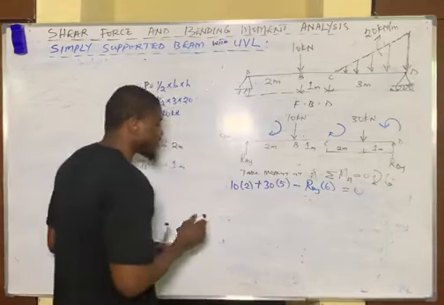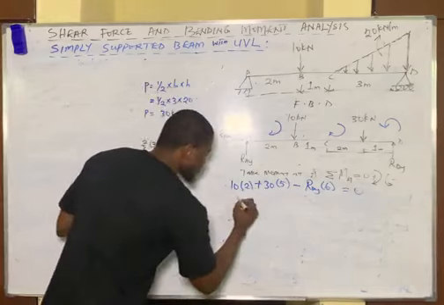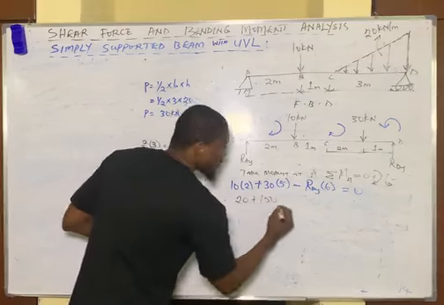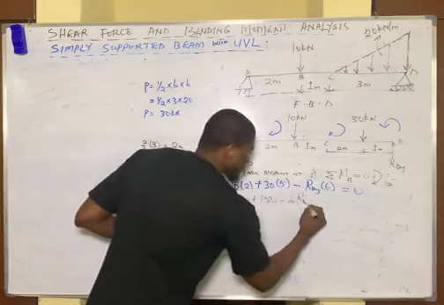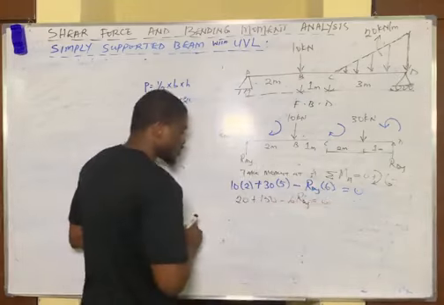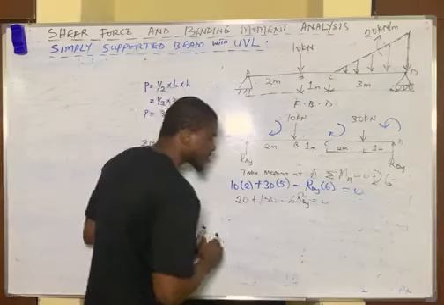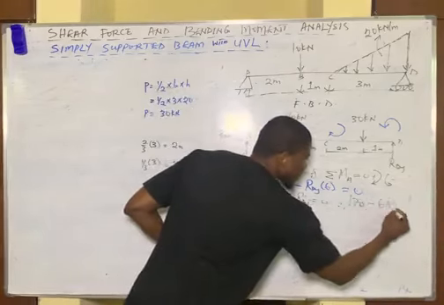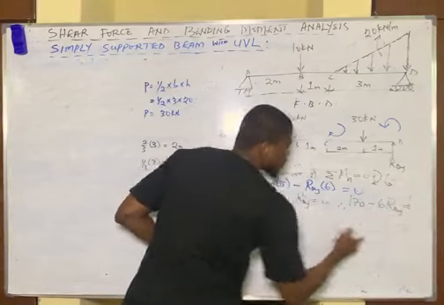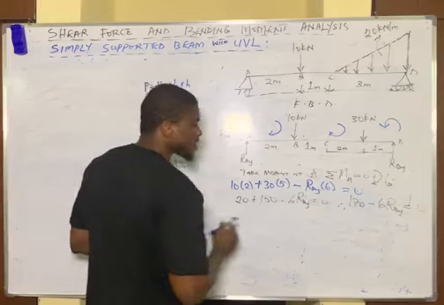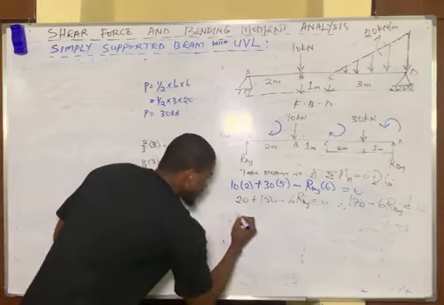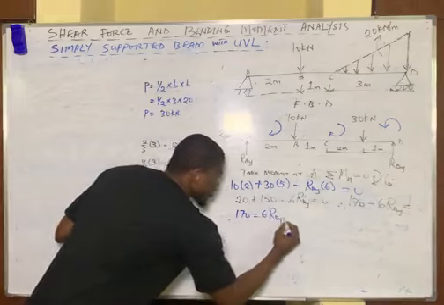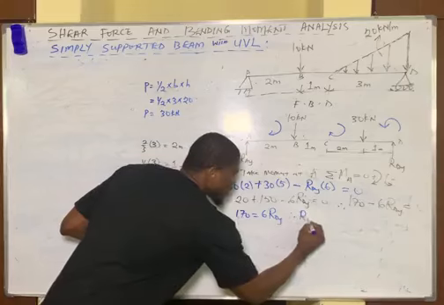Okay, so let's evaluate now. 10 times 2 gives us 20, plus 30 times 5 gives us 150, minus 6 RDY, this is equal to 0. 20 plus 150 is 170, so you simply have 170 minus 6 RDY equals 0. So let's simply send 6 RDY over there. You have 170 equals 6 RDY. So with this now you can find the value of RDY.